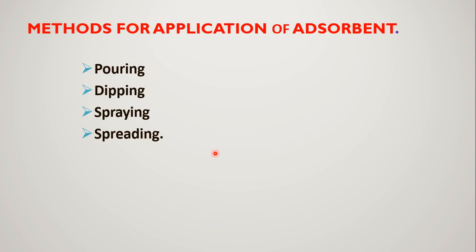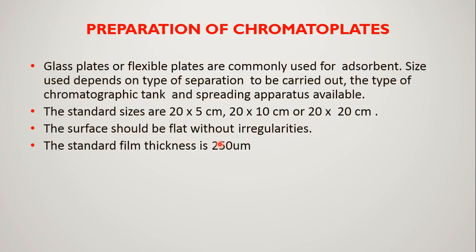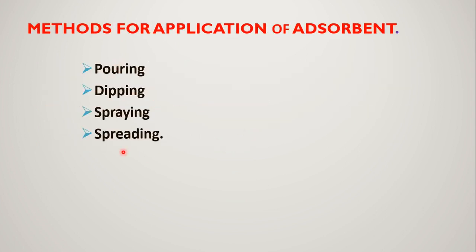So these are the methods for application of adsorbents. The adsorbents, which are silica gel, alumina gel or cellulose powder, can be applied over these glass plates or flexible plates using these four methods. What we do here is make a very thin layer over these substrates.